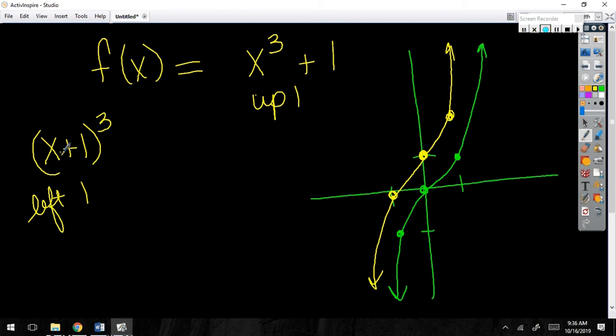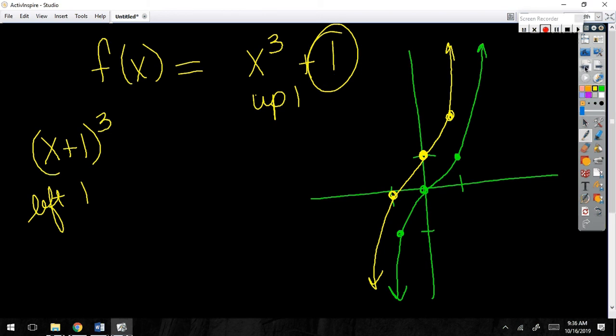It's opposite on there. If you look at the equation, if it's plus c, then it's left. If it's minus c, it's right. On the end, if it's added, it's up. If it's subtracted, it's down. Whatever this number on the end is tells you how many you go up or down.